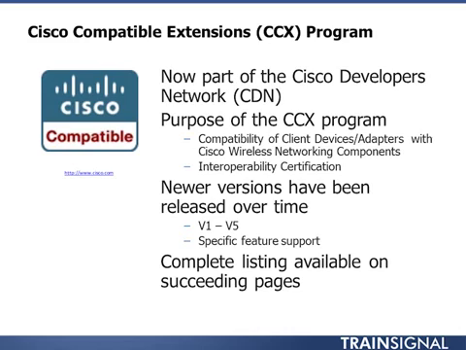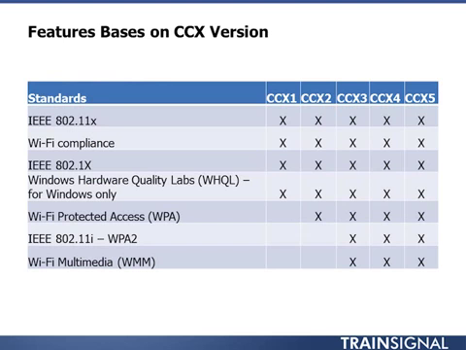The way to think about it is each specification builds on the earlier specifications and adds additional feature support. And here in this diagram you can see some of the features for release 1, 2, 3, 4 and 5, and you can see that I'm adding features as I go into the next release of the CCX specification.